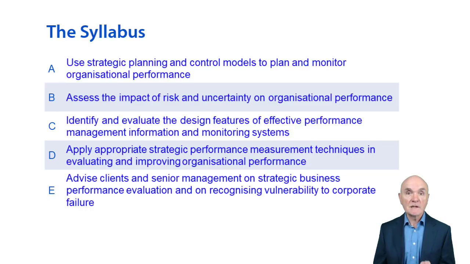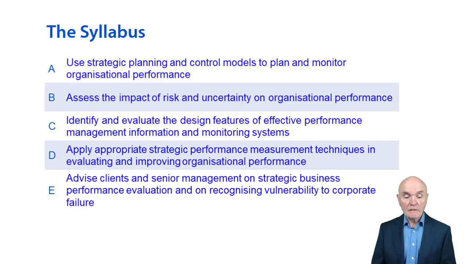It is by no means just making profit, because you could easily be presented with a non-profit seeking organization. Some of the control models basically got an idea of feedback. You set a budget, you look at the actual, you look at the differences or variances in there. That is a control model which you may have to apply.